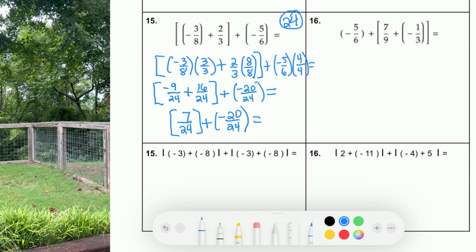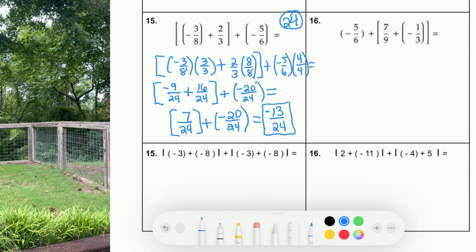So 7 plus a negative 20. Those are 2 different signs, so I'm going to take the difference, which is 13 over 24. 20 is greater than 7, so my answer is going to be a negative number. Looked a lot harder than it was.